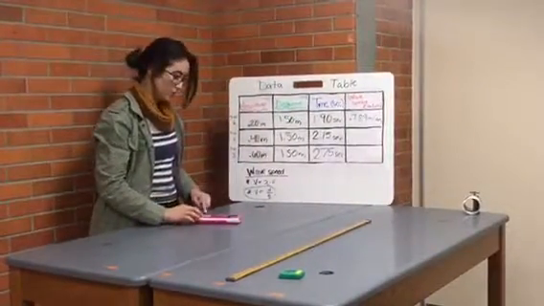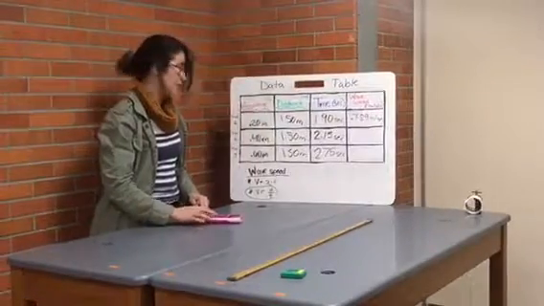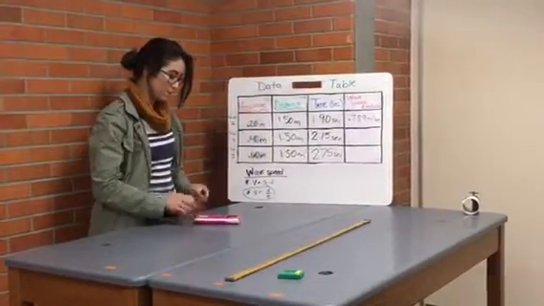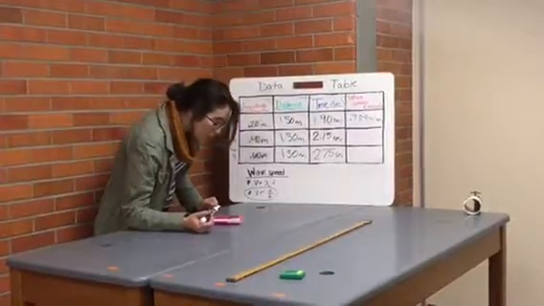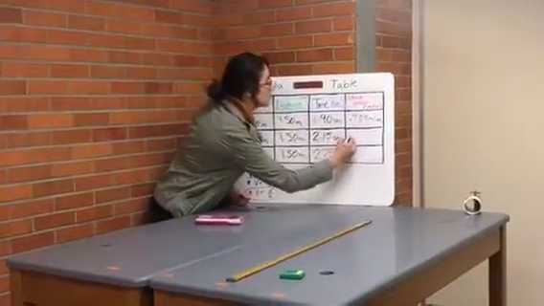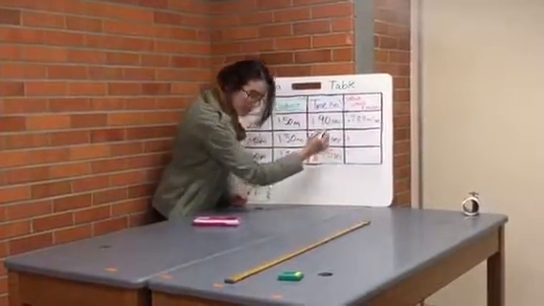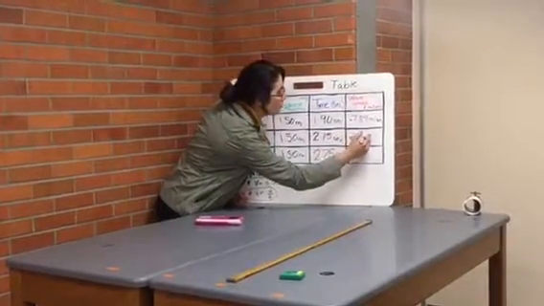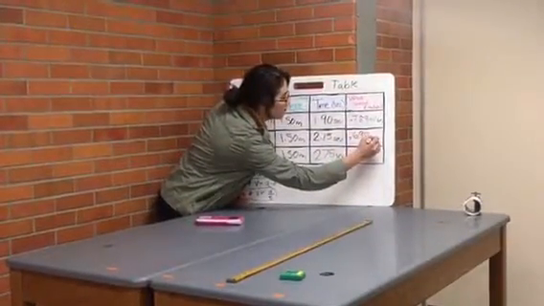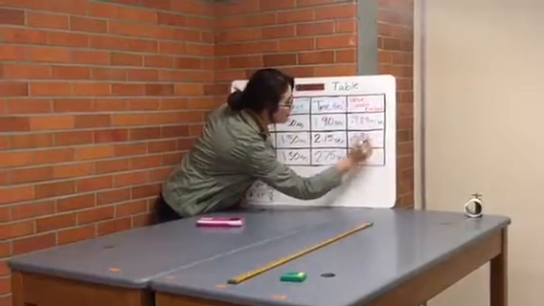The second one, you do 1.5 divided by 2.15, and you get 0.698. Make sure you write meters per second.